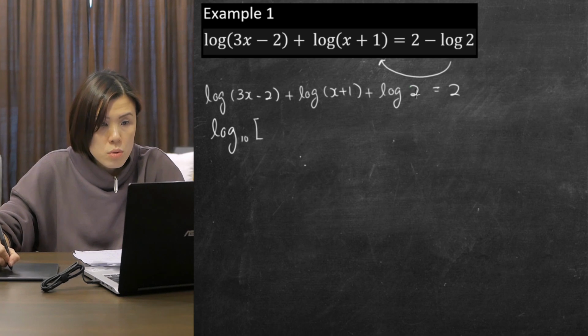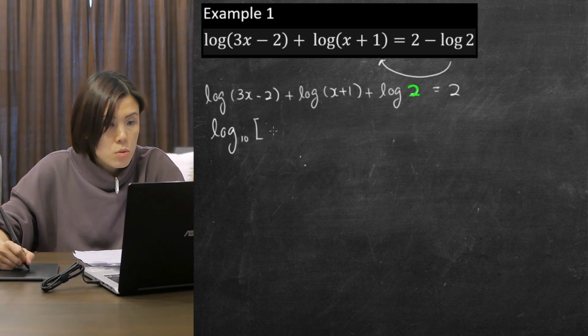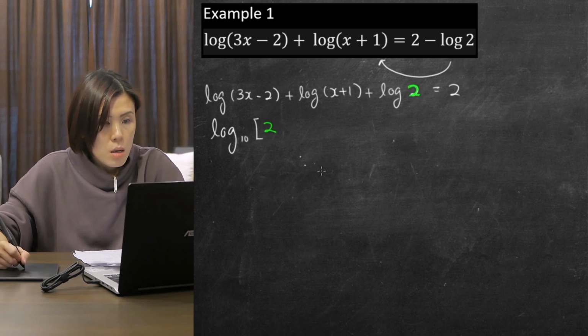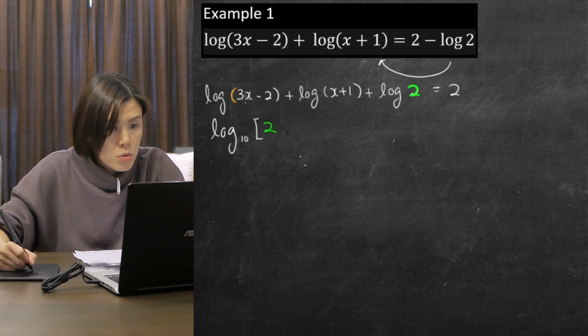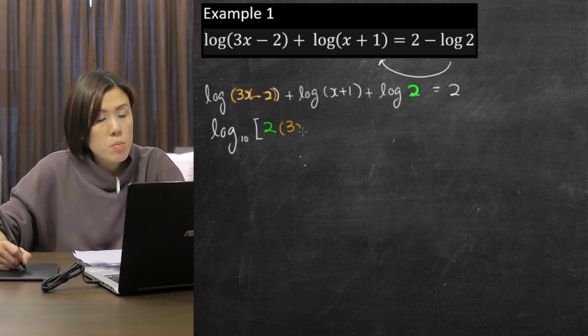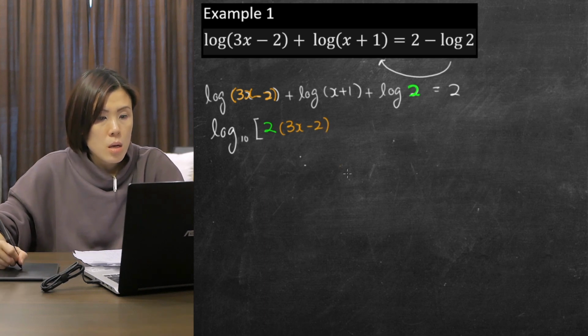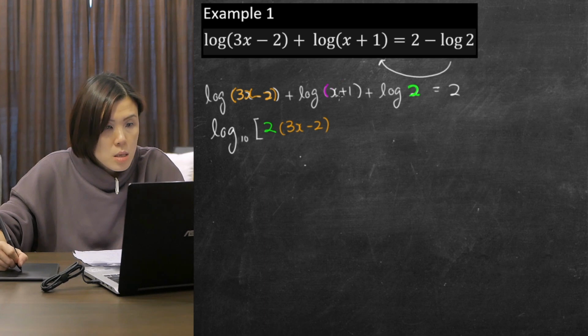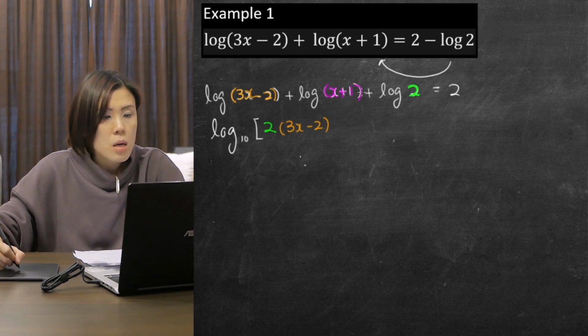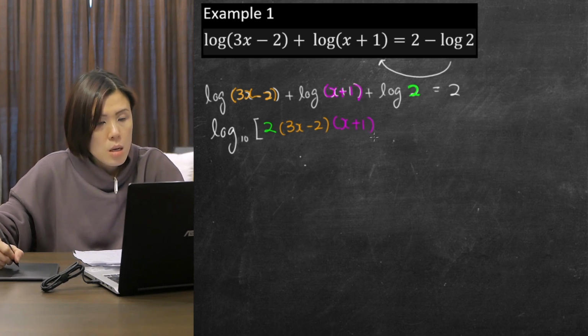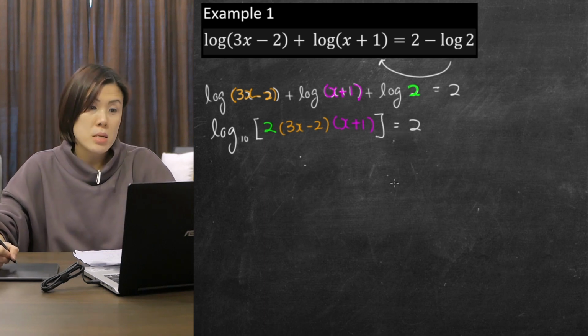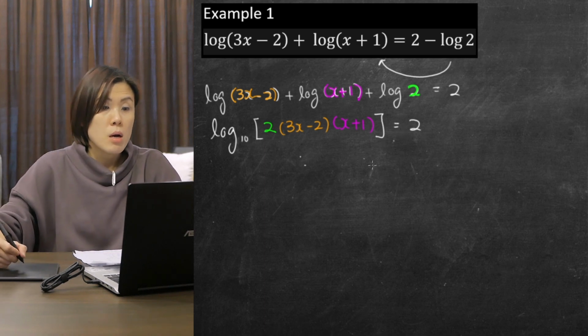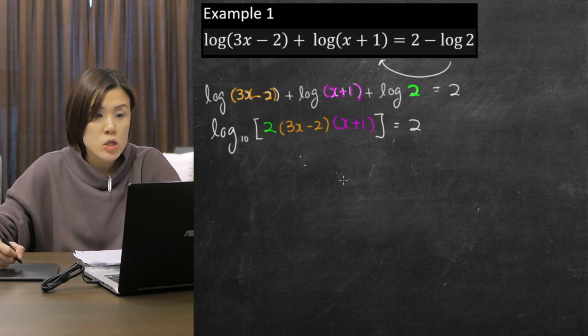So we have 2, I'm going to put this as 2 here, and we have 3x minus 2, so I'm going to put 3x minus 2, and we have x plus 1. So this is how we can combine all these logarithms as one. We make them times because it's additions of logarithm.